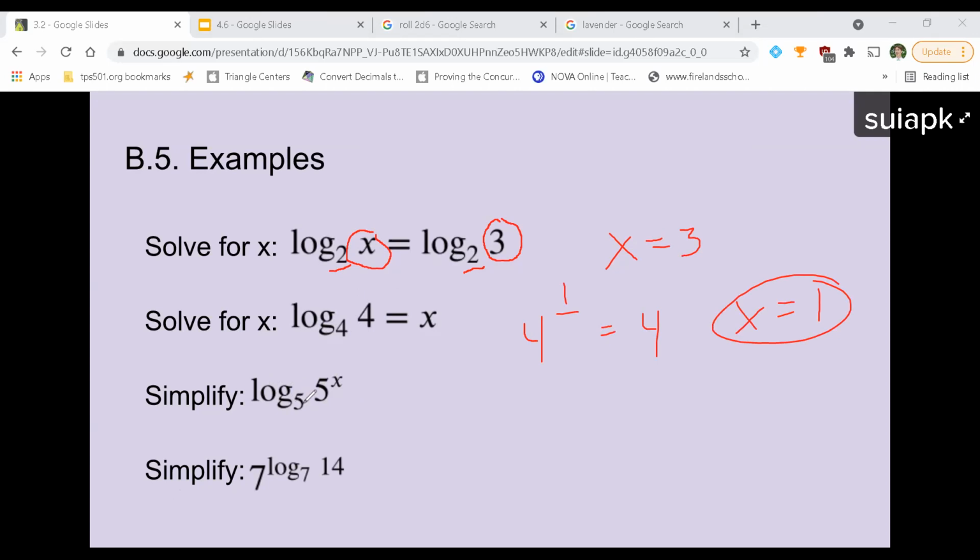So similarly, log base 5 of 5 will cancel out, and this is just x. 7 to the power of log base 7 will cancel out, and this is just 14.